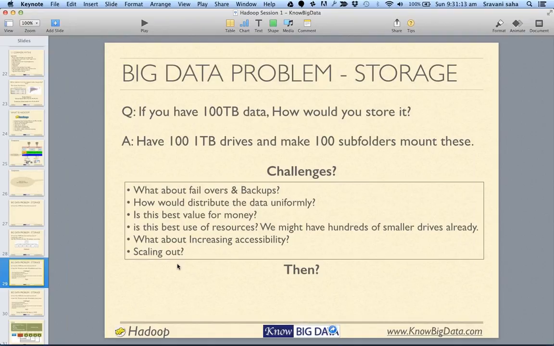What about distributing the data uniformly? As we said, if we keep all the movies starting with A in drive 1, then drive 1 is going to get filled very soon, while the drives allocated for the alphabet Q are just lying there without any data in them.